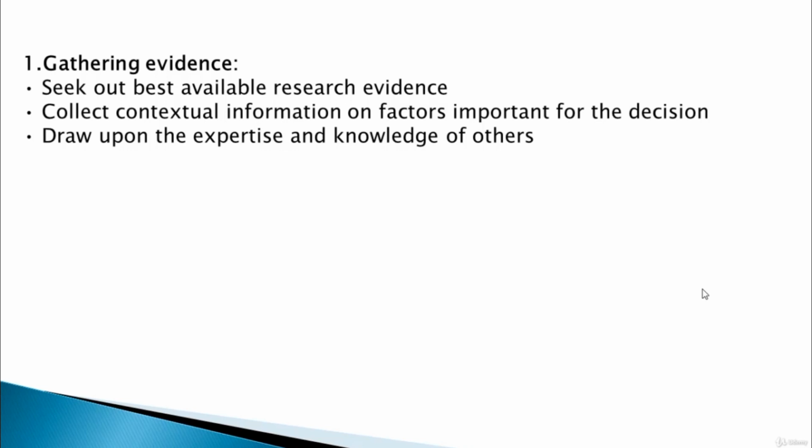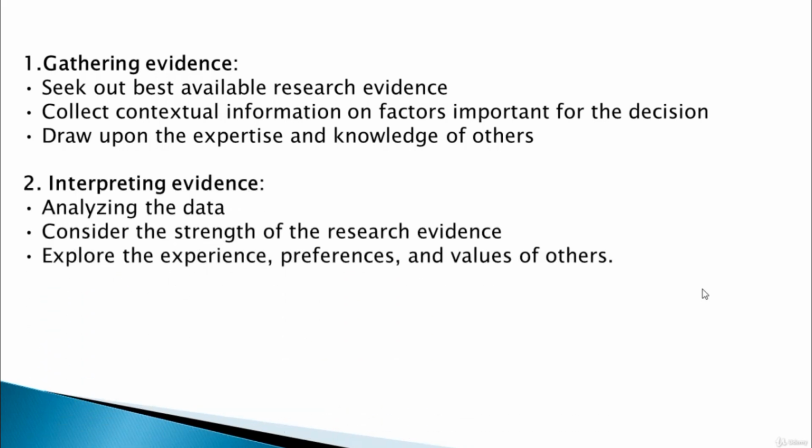So we're basically just collecting the evidence or the data or the information. And second, we interpret the evidence, we analyze the data or the evidence or the information, and we're considering the strength, how strong is the research evidence, and we explore the experience, preferences and values of others.